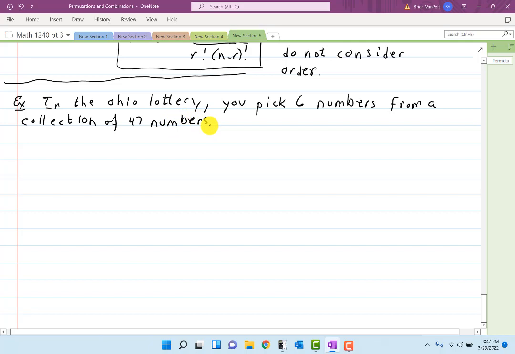And then on lottery night, they pick 6 numbers from 47, just like you did.